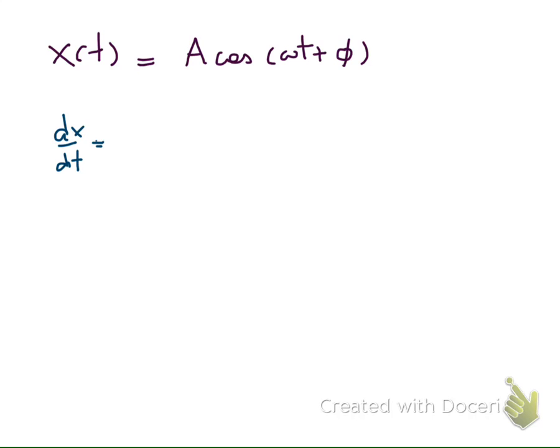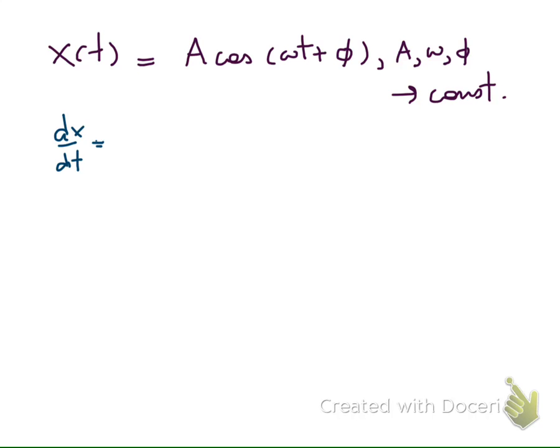Here we define a as a constant. We will discuss the physical meaning of a later. Also, omega is a constant and phi is a constant.